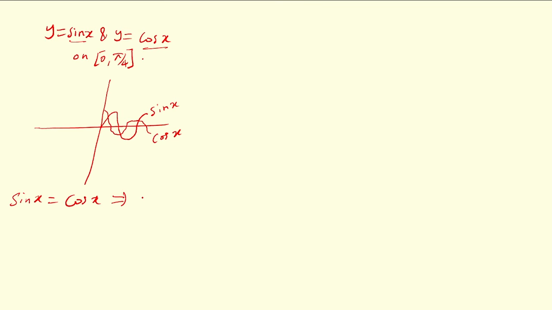Divide both sides by cos. Sine x over cos x is equal to 1. Tan x is 1. So what's x? Tan inverse of 1, that is pi over 4. This intersection point is pi over 4. So the region is this one.